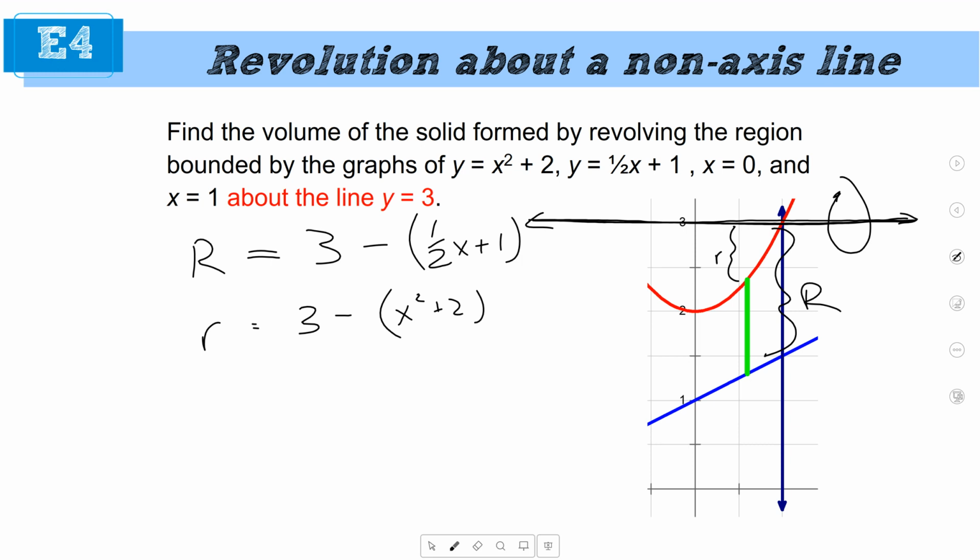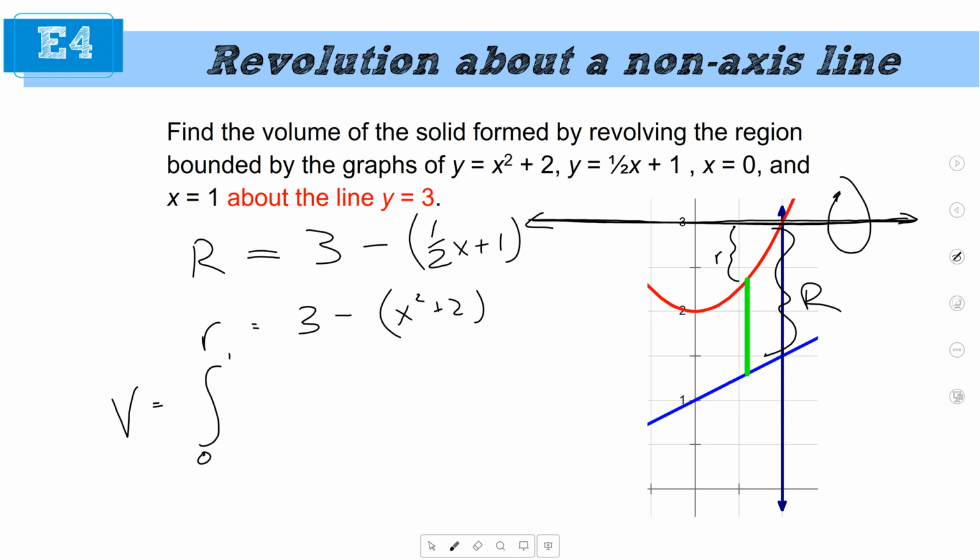Because we want to find the volume of this thing. Don't forget to label it as a volume. I'm integrating from where to where? 0 to 1.